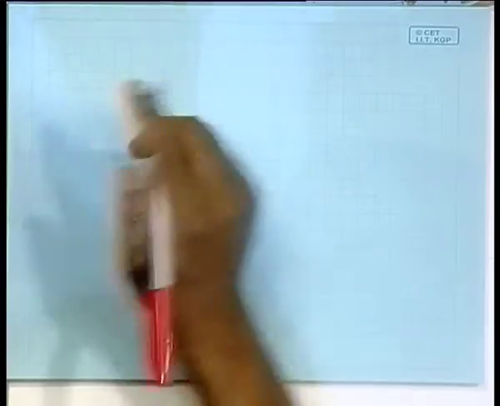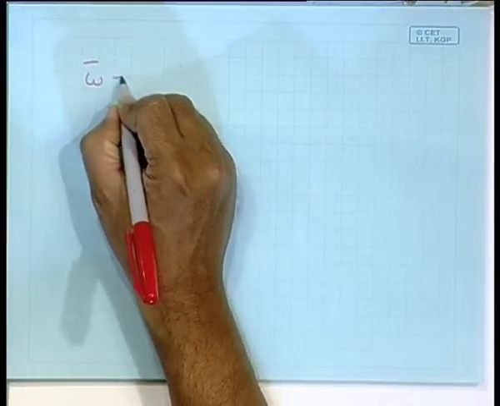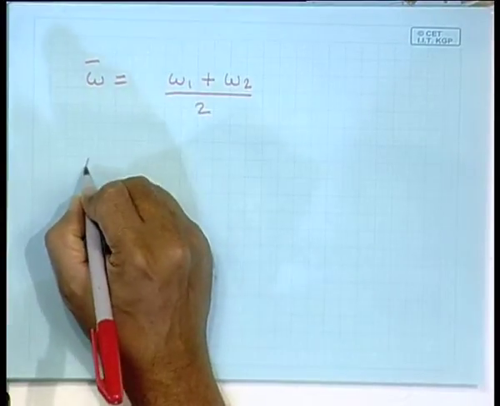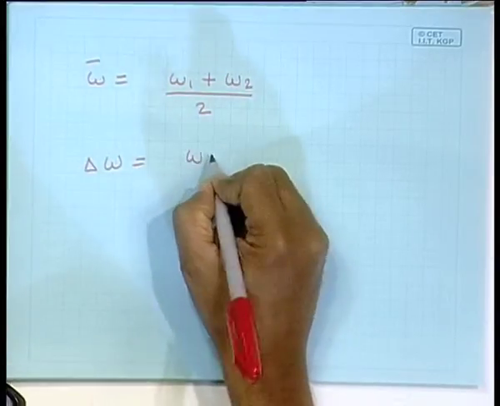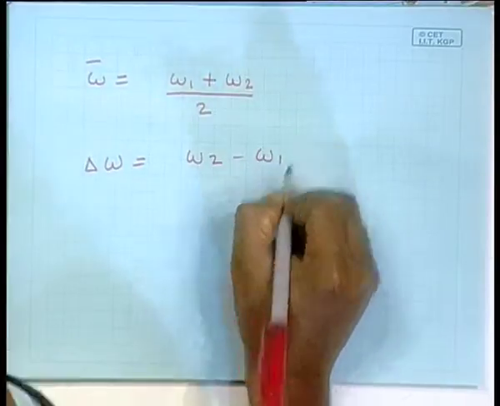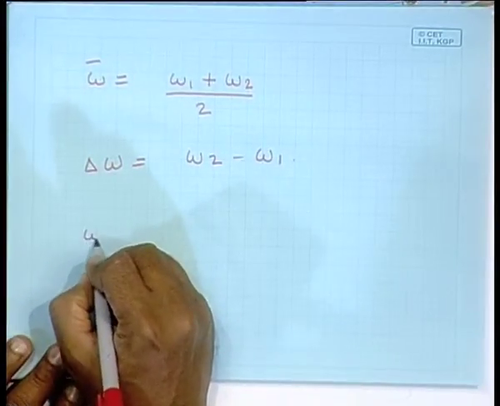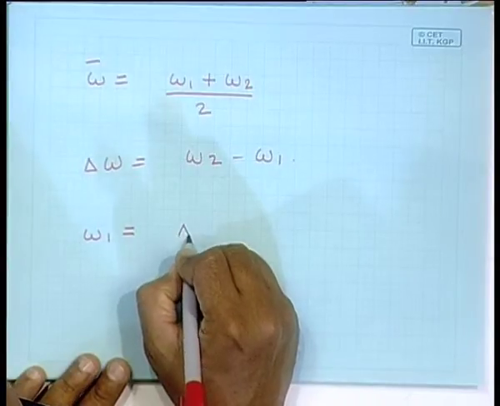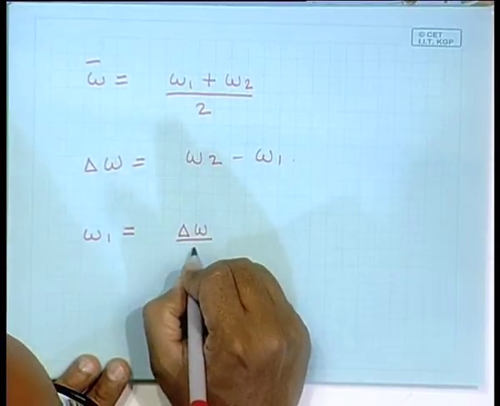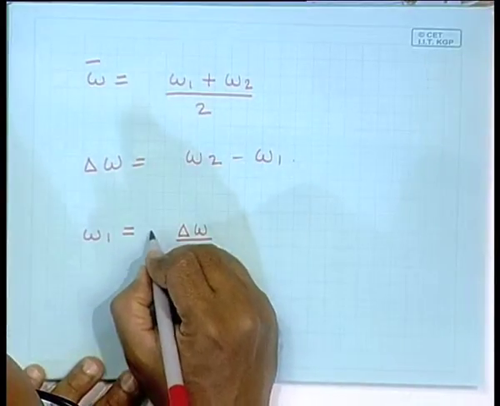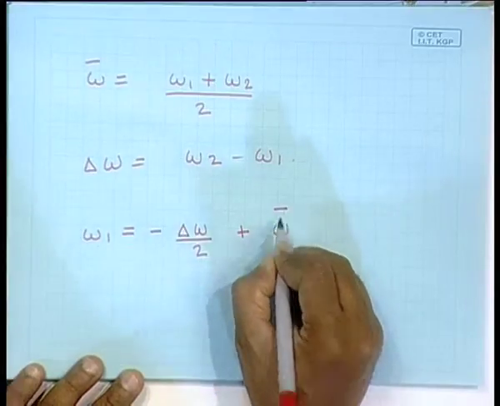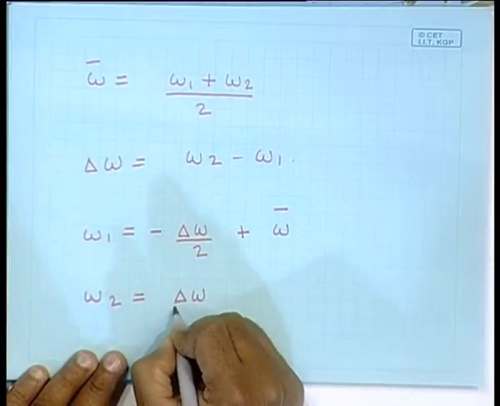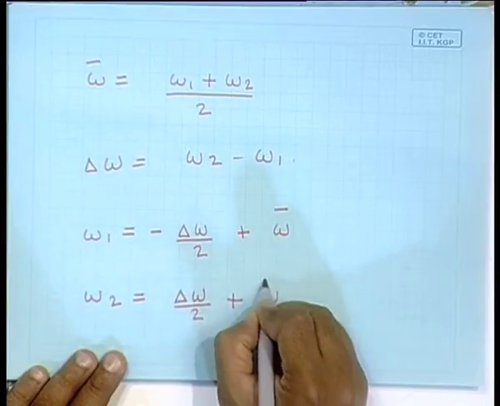So, if we define the mean frequency omega bar to be omega 1 plus omega 2 by 2, and the difference delta omega to be omega 2 minus omega 1, then we can write omega 1 as omega bar minus delta omega by 2, and omega 2 is omega bar plus delta omega by 2.